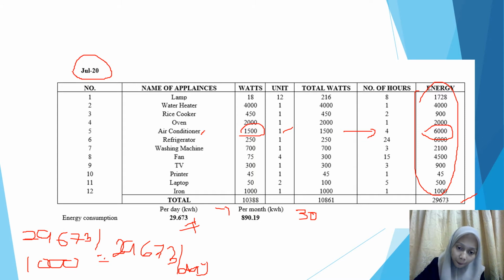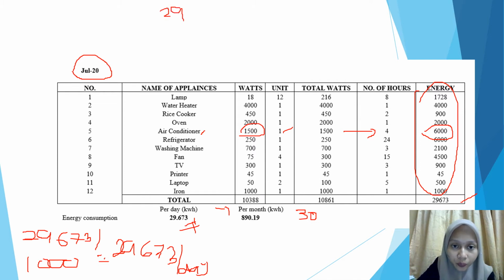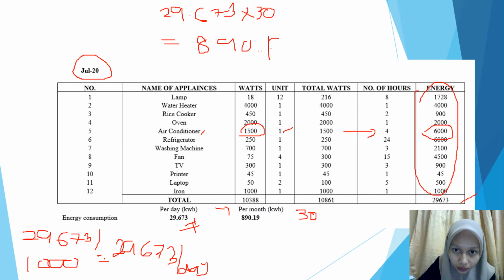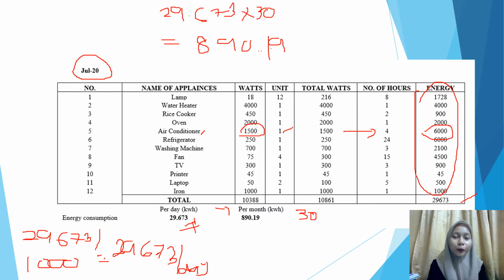So how to calculate is we take the per day kilowatt hour, 29.673 times 31 days, and we get 919.9.